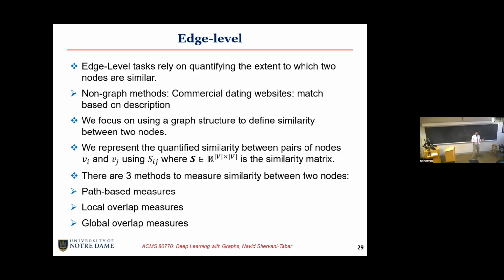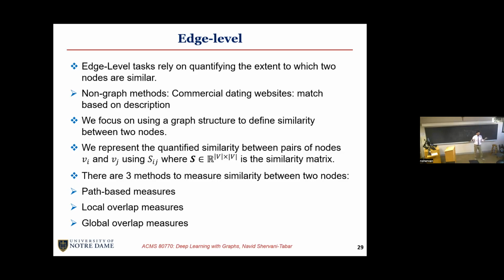And sometimes you just want to find if two nodes are connected to each other. So let's say that I'm friends with you, and you guys also have another friend. Sooner or later, you will introduce that guy to me. So it shows that I have a higher similarity with that node.